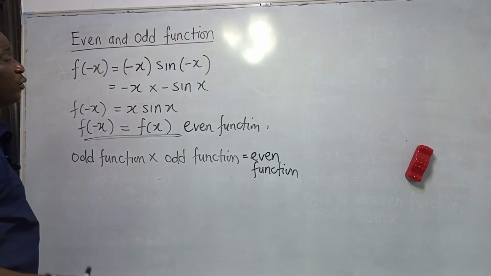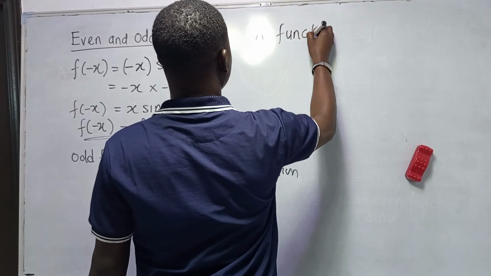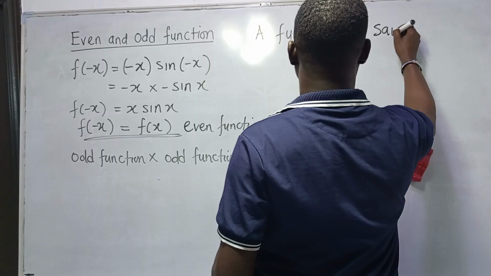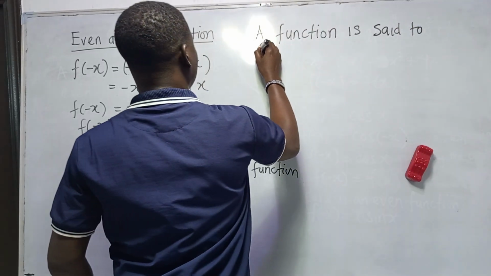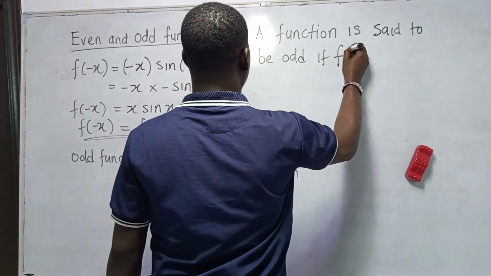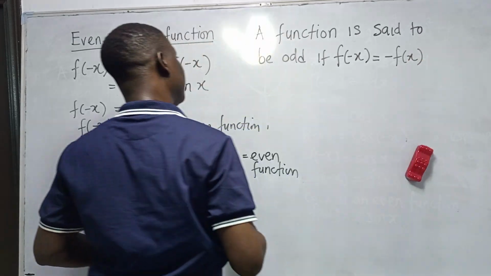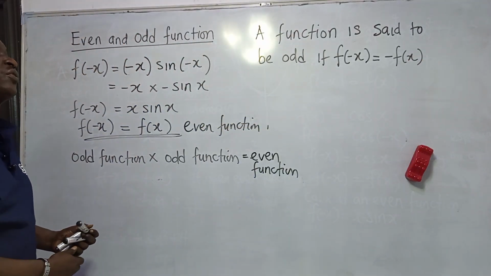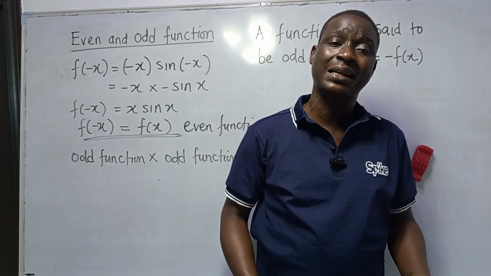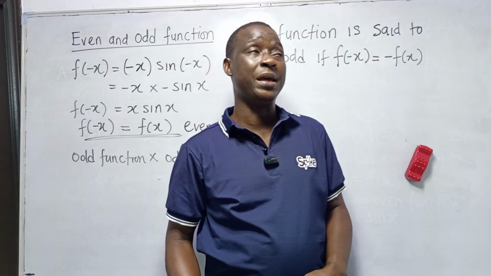Now, in looking at odd functions, we said a function is said to be odd if f of minus x is equal to minus f of x, for all real numbers x in its domain.